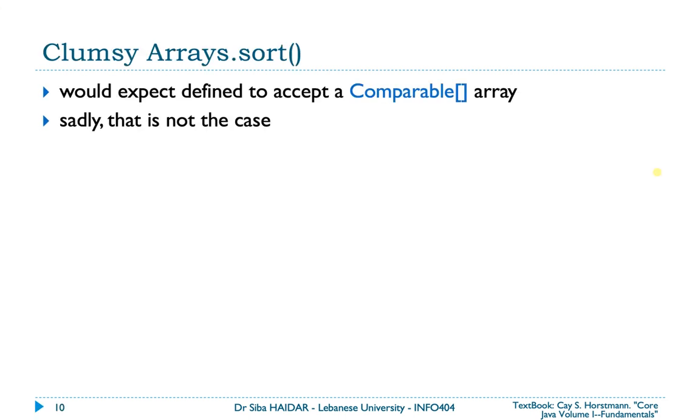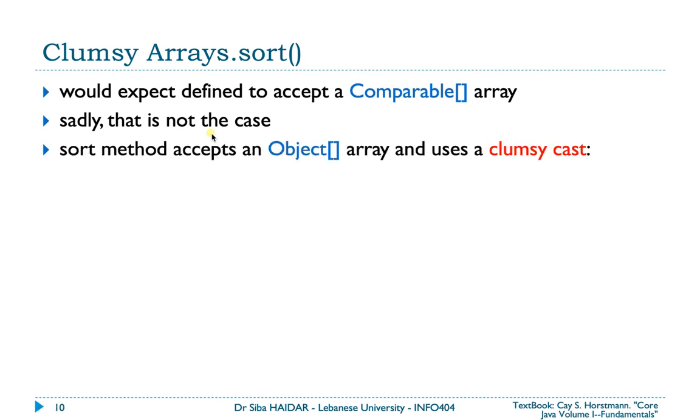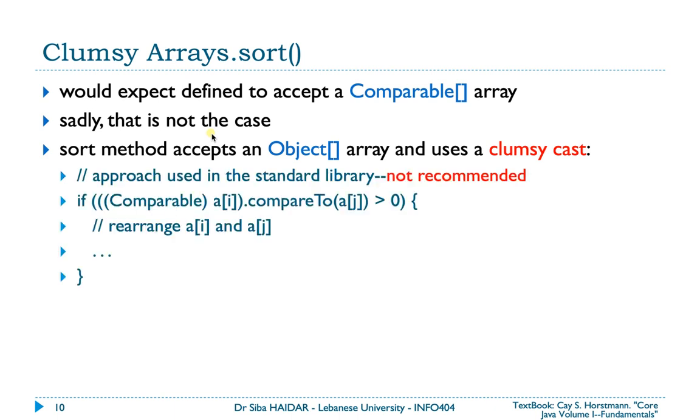After all this explanation, you would expect to see Arrays.sort defined to accept a Comparable array, since it wants to make sure that the elements are comparable. But sadly enough, this is not the case, and this is of course wrong in the library. The sort method in fact accepts an Object array and uses a clumsy cast.